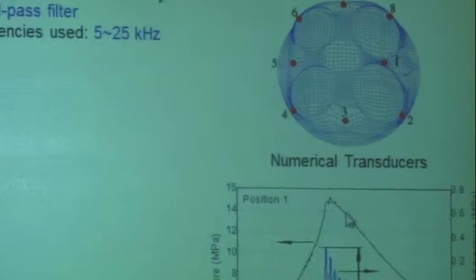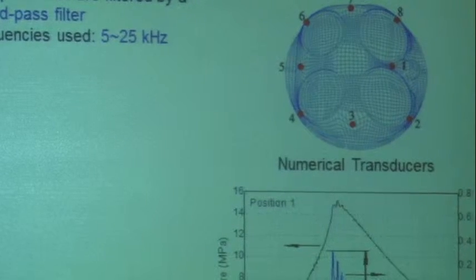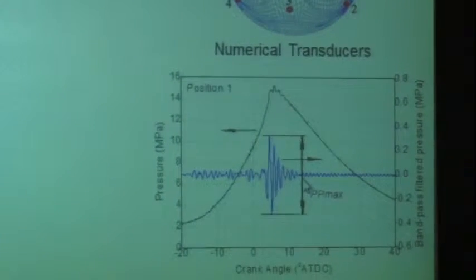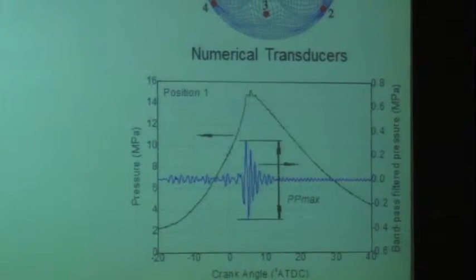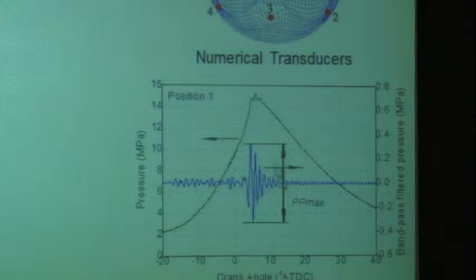If you pass that through an appropriate filter, you can get the curve shown below, where you've filtered out the DC component and are left with just the fluctuating component. You can really accentuate that there's a certain phenomenon occurring close to the peak in the heat release. I'm just showing you the pressure here, but that follows. And you can monitor the magnitude of these pressure fluctuations. We call that PP here.